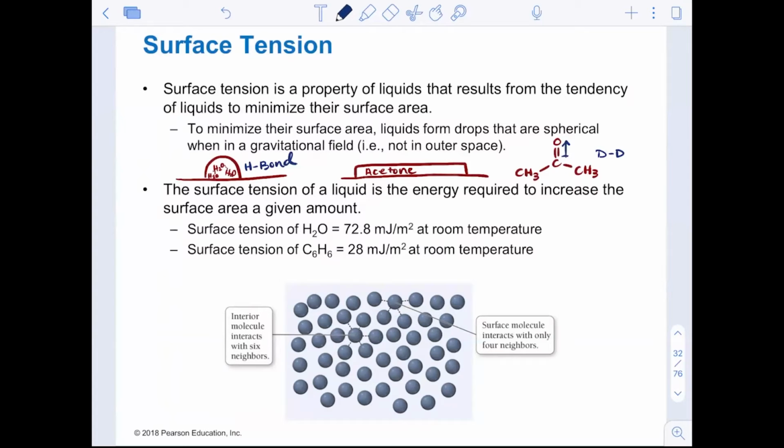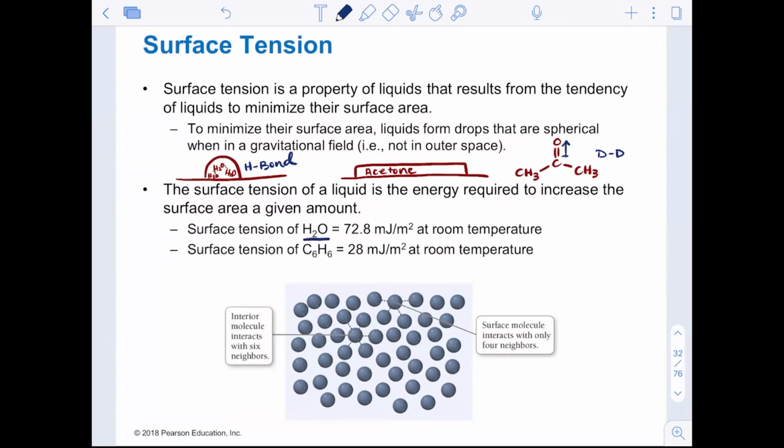Water has a very high surface tension. It holds itself together really tight like a sphere so that the surface area is minimized. So that surface tension, that bubbled up property, is accounted for by intermolecular forces.